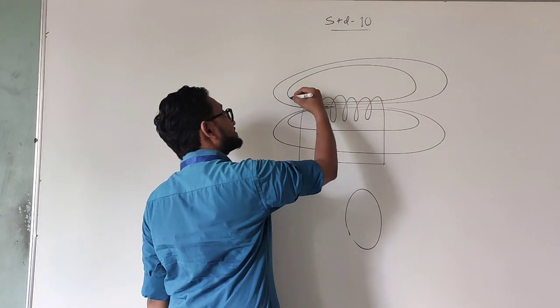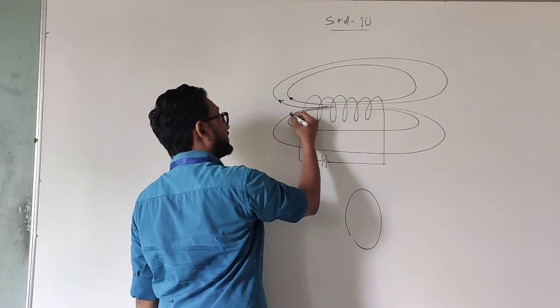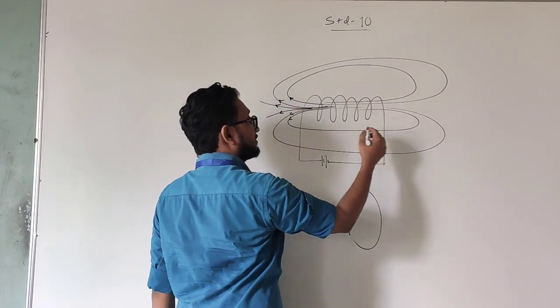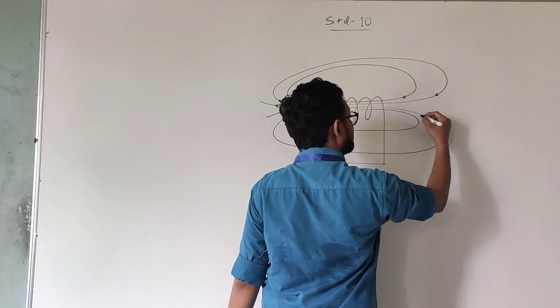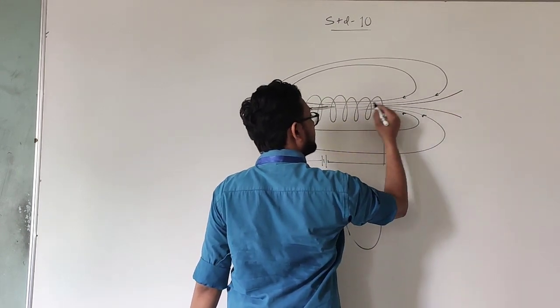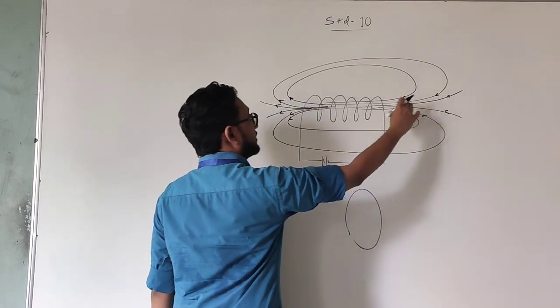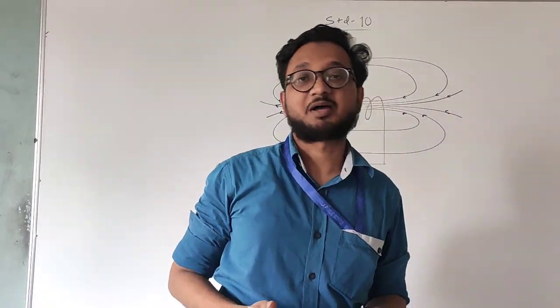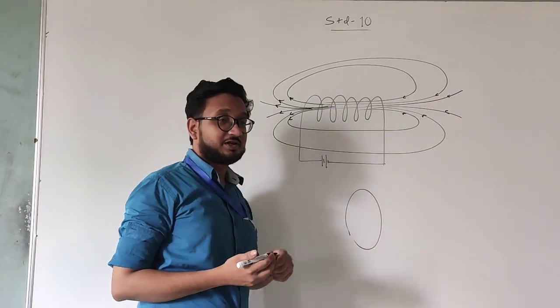Suppose in this case we have the magnetic field in this direction, like this. So it comes this way and goes around, and inside it is a straight line, similar to a bar magnet. So this is the same thing.